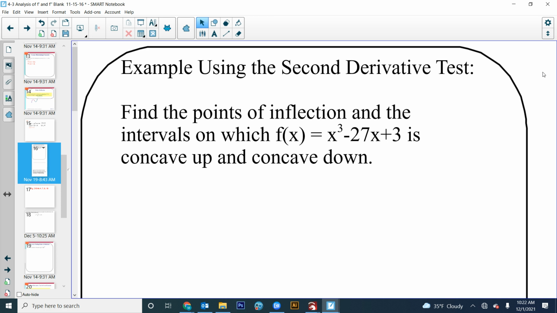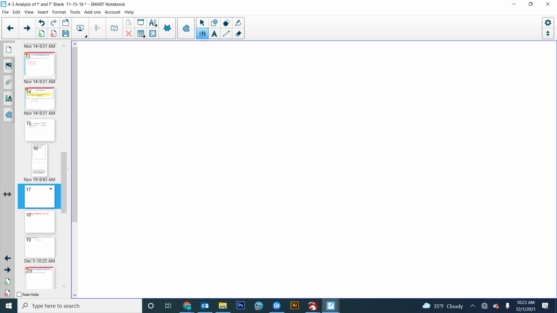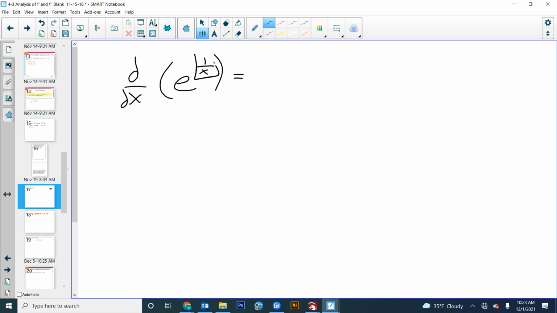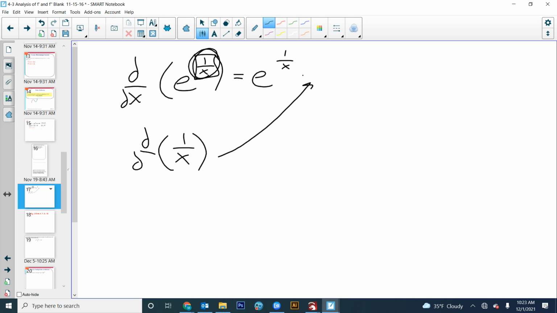Now, the derivative of e to the 1 over x on its own, just that one part. Well, the derivative of e to the u is e to the u times du dx, and we have to take the derivative of 1 over x, and it's going to get plopped in there.